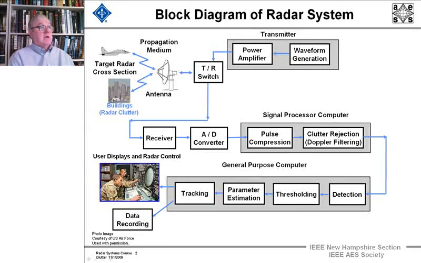And down here also we have a picture of some buildings, which are just one example of objects which the radar energy can backscatter off of. And then in the next view graph or two, you'll see a lot of the different objects that, along with the targets of interest, the radar energy can impinge upon and reflect back.